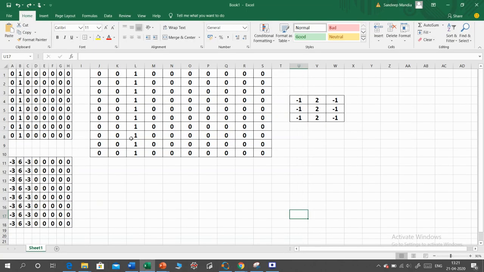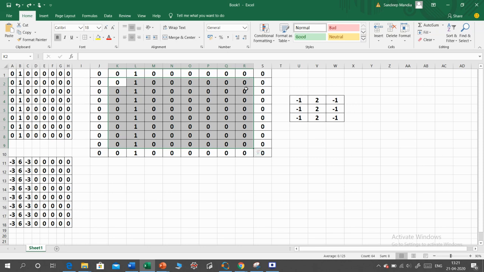So here, suppose this is our image, and it has only one vertical line, this vertical line, and this is a binary image. So to see this, what I have done is I have taken this 8 cross 8 image and I have padded it with the same padding.